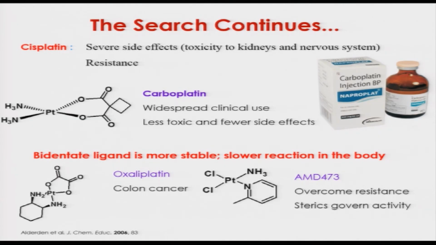Now, bidentate ligands are more stable, with slower reaction in the body, and some of these anti-cancer drugs are shown here. You see oxaliplatin, which is used for treatment of colon cancer, and then another platinum complex which actually overcomes the resistance also.